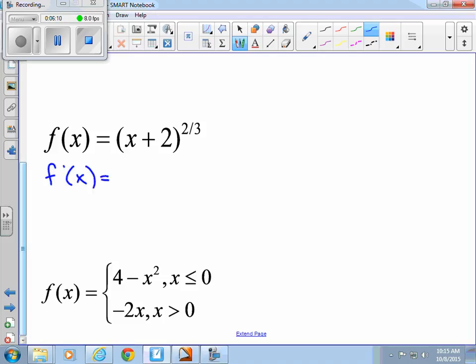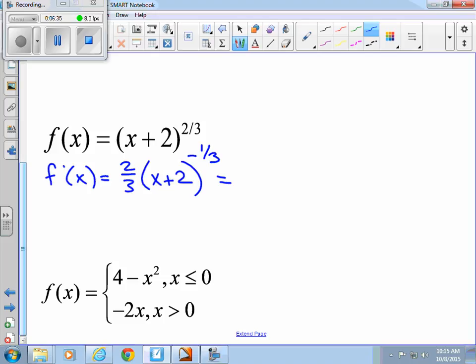What is it? 2/3 x plus 2. Very good. Any questions about that so far? Times 1, but we don't need to write it, just to keep remembering. Now, normally I'd let you leave it that way, but to find when it equals 0 and when it might be undefined, I'm going to need to rewrite it.